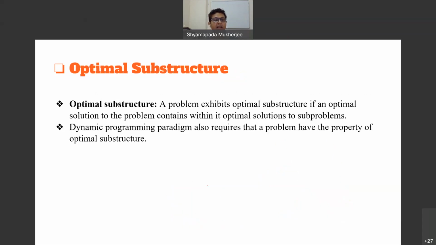Another element that we talked about is optimal substructure. If the problem exhibits optimal substructure, then we can attempt to solve that problem using a greedy approach, if finally we see that the greedy choice property is valid for the problem.